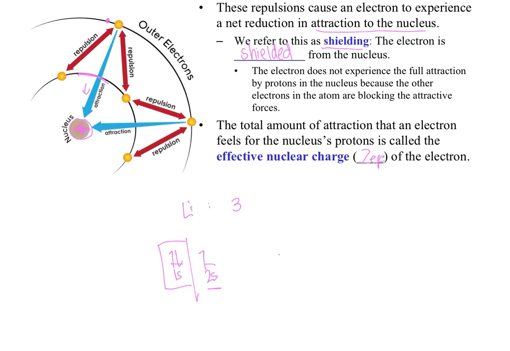So we have, right, a +3 in the middle. We have these 2 electrons here and 1 out here. So this outer electron, it's basically getting canceled out by these 2 electrons in the inner shell. And so the effective nuclear charge of the outside electron is going to be 3 for that total protons in the middle, minus the 2 inner electrons. So it's only going to feel a +1 charge.